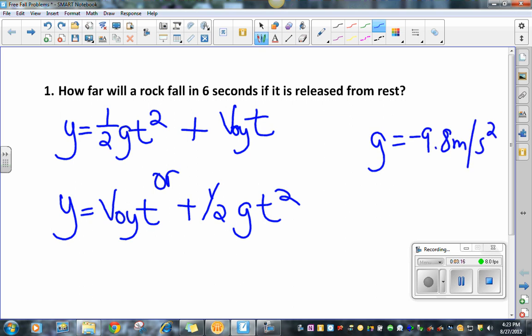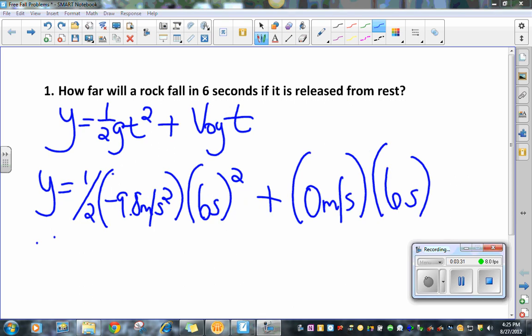Okay, so your first step on these problems is to always write down the formula. After you write down the formula, you want to show your work. So if you would go ahead now, plug in the numbers that you have for this problem into the formula. Once you've plugged in all your numbers in the formula, it should look like this. y is equal to 1/2 times negative 9.8 meters per second squared. Remember, you've plugged in g on Earth, acceleration due to gravity, as a constant, negative 9.8.